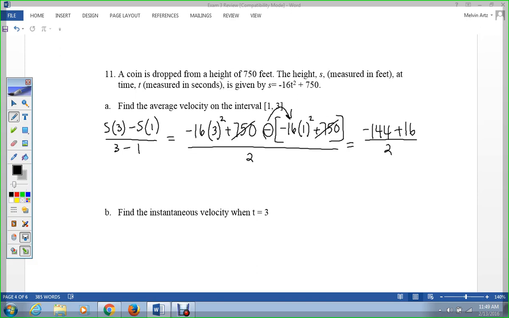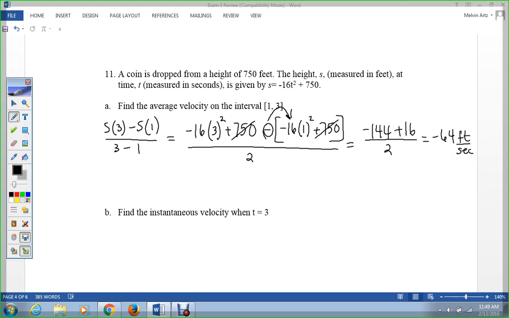So we have -128 divided by 2, which gives us -64 feet per second. That would be our average velocity.